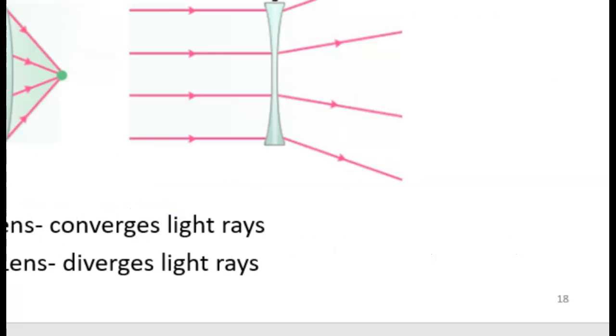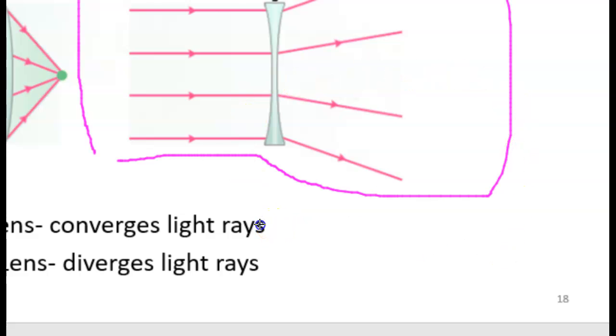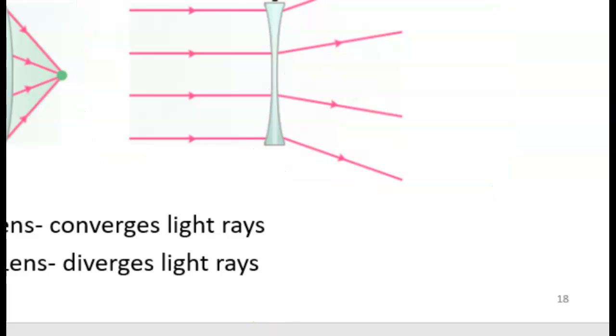So let's review the different types of corrective lenses just for shape, since I can't draw very well with this. A concave lens, which we use to treat myopia, has a curved surface inward. It's caved in on both sides. When light rays pass through it, they're refracted away from each other.